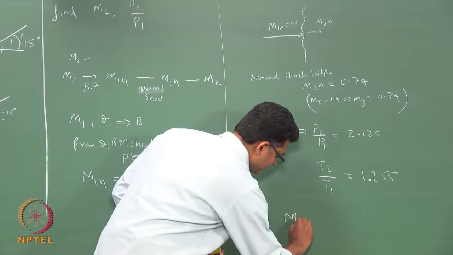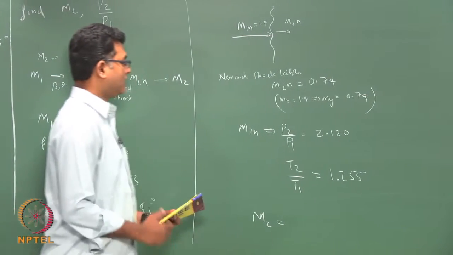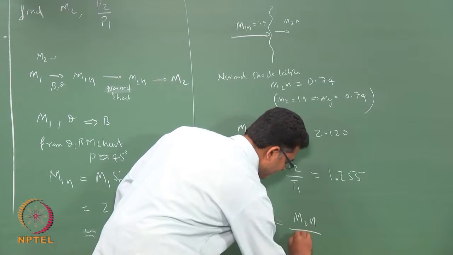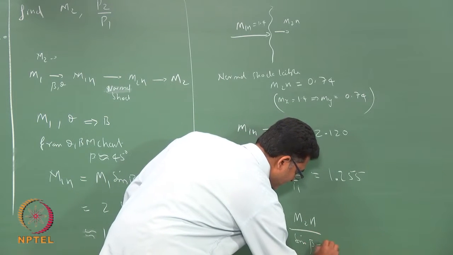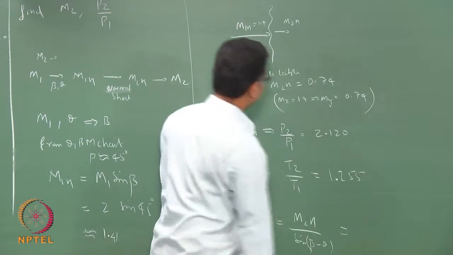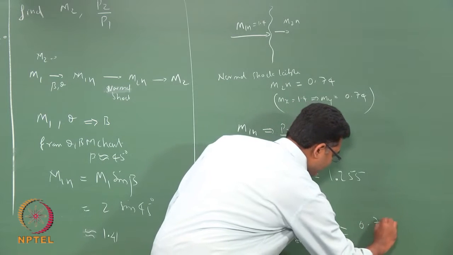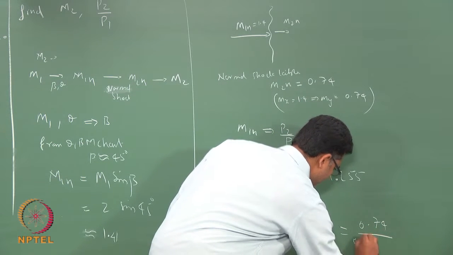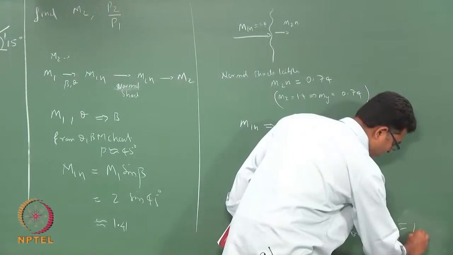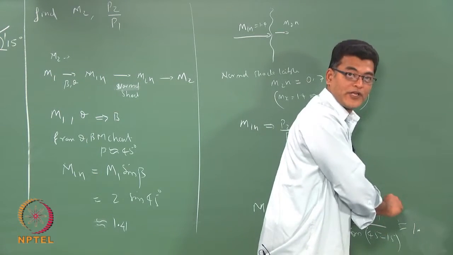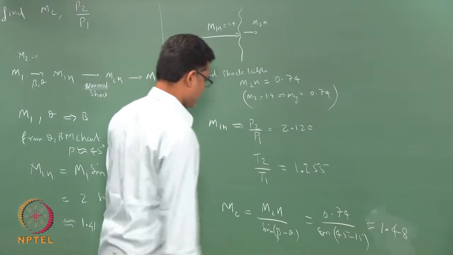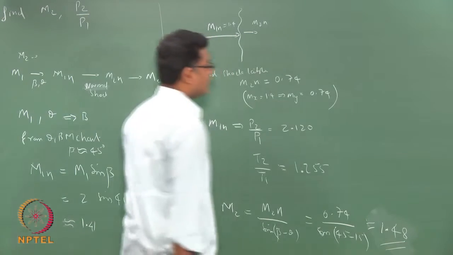And my M2 is M2n divided by sine of beta minus theta, which is 0.74 divided by sine of 45 minus 15, which is 1.48. Okay.